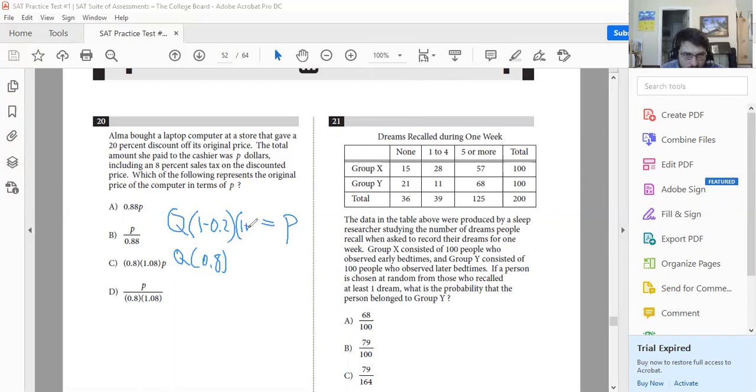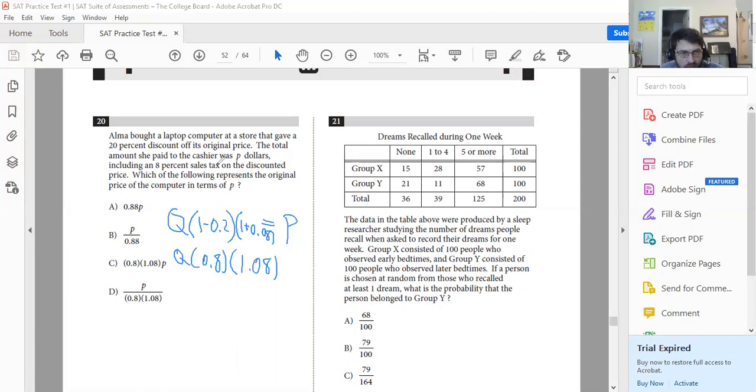So you'll have 1 plus 0.08 to get the price of the tax. So you'll be multiplying by 1.08, you know, percent increase and decrease, 1 plus a number or 1 minus a number, depending on if it's increase or decrease to get to the final value.